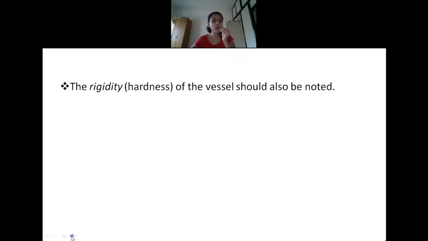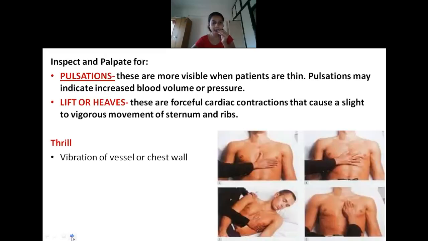Next, you should also check for the rigidity of the blood vessel. Whenever you are palpating a blood vessel, check for hardness or rigidity. Just feel any of your arteries or pulses and feel for the hardness. Next is to inspect and palpate for pulsations.